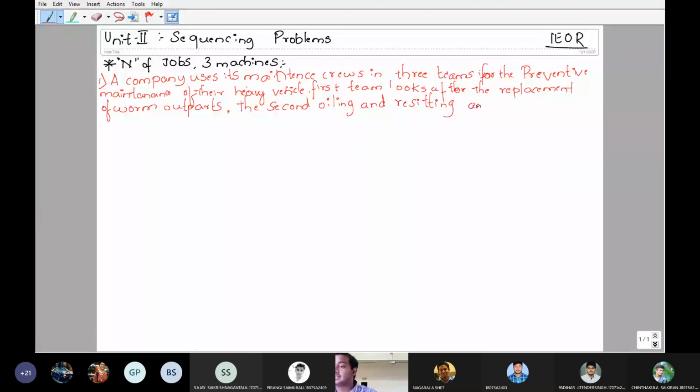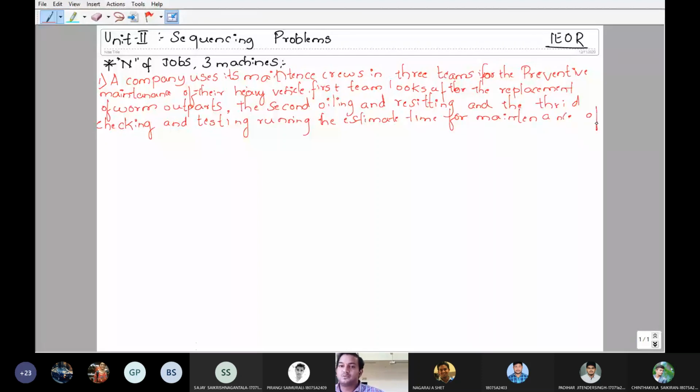The third one is going for the checking and testing, running the testing of the estimated time for maintenance of each vehicle.